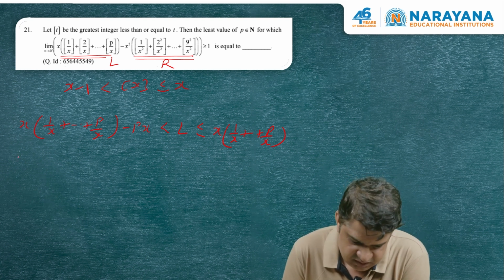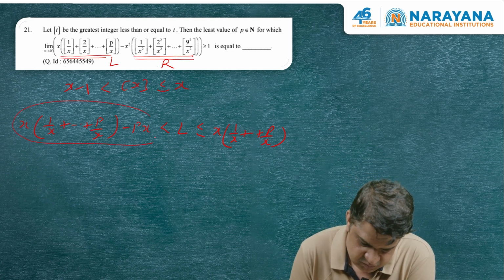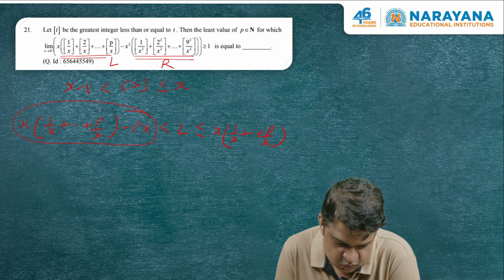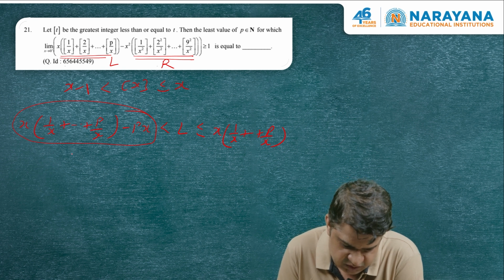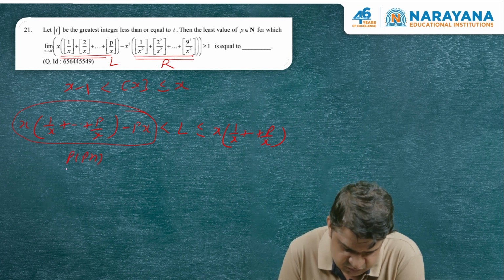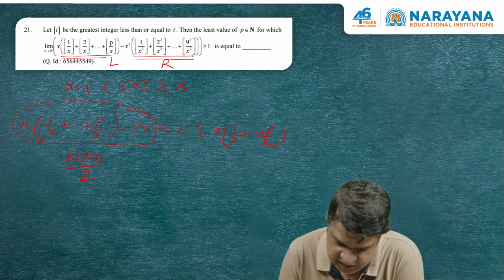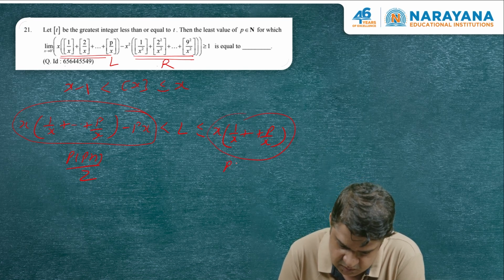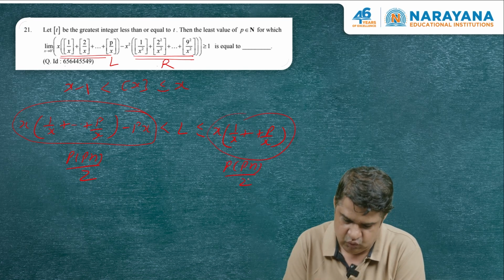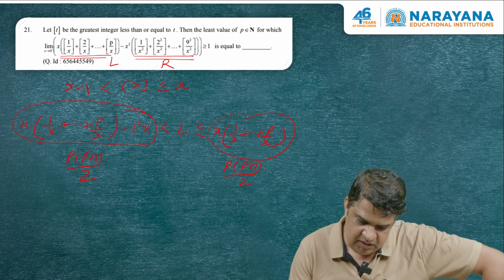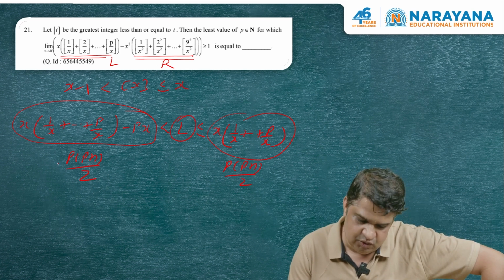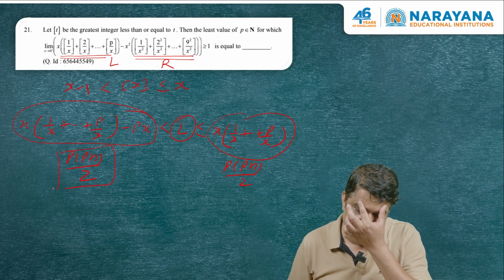If we calculate the limit of this when x approaches 0, it will come out p plus 1 by 2, and the other side will also come out p plus 1 by 2. So, by the sandwich theorem the limit of our left expression is also p plus 1 by 2.